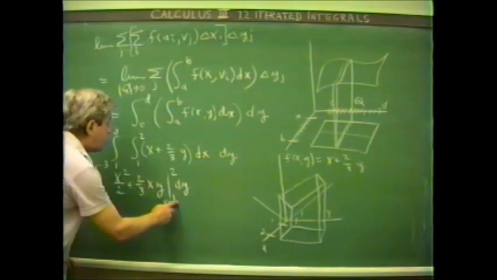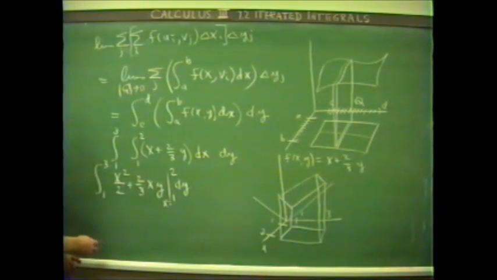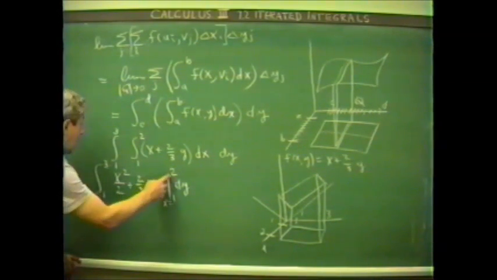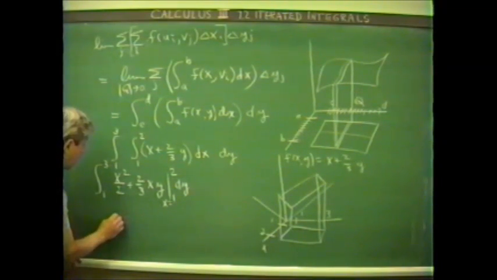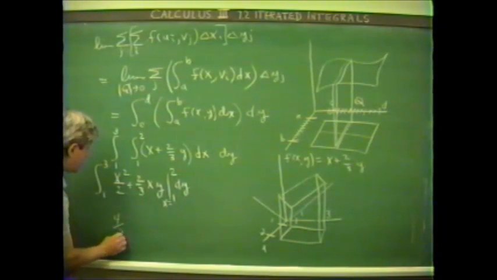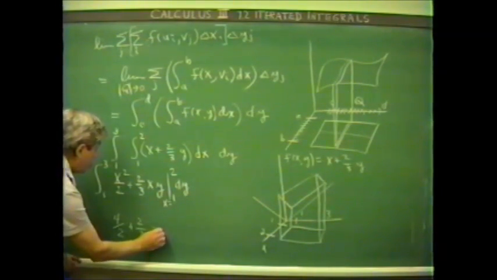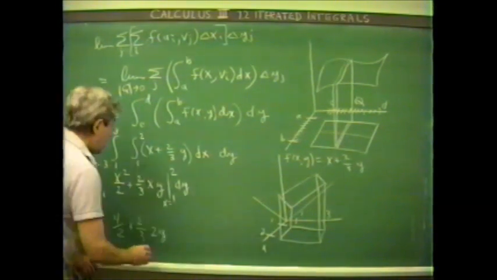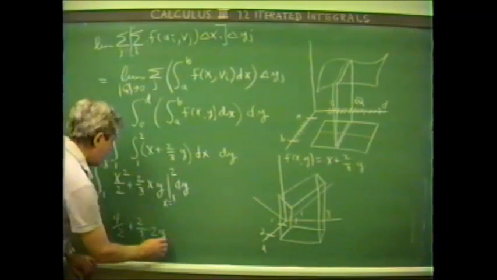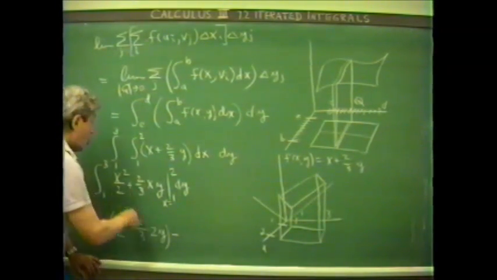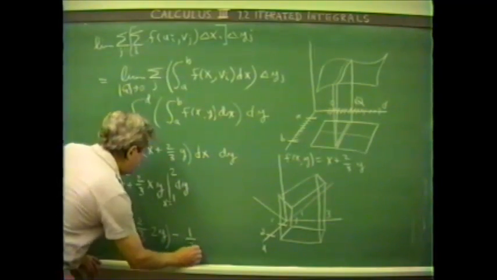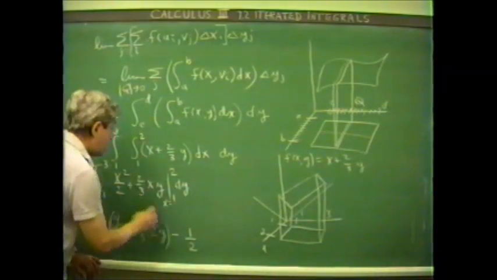This is going to give us then, at x equals 2, 4/2 plus 2/3 times 2y. That's the value at x equals 2, minus the value at x equals 1, 1/2 plus 2/3 y.